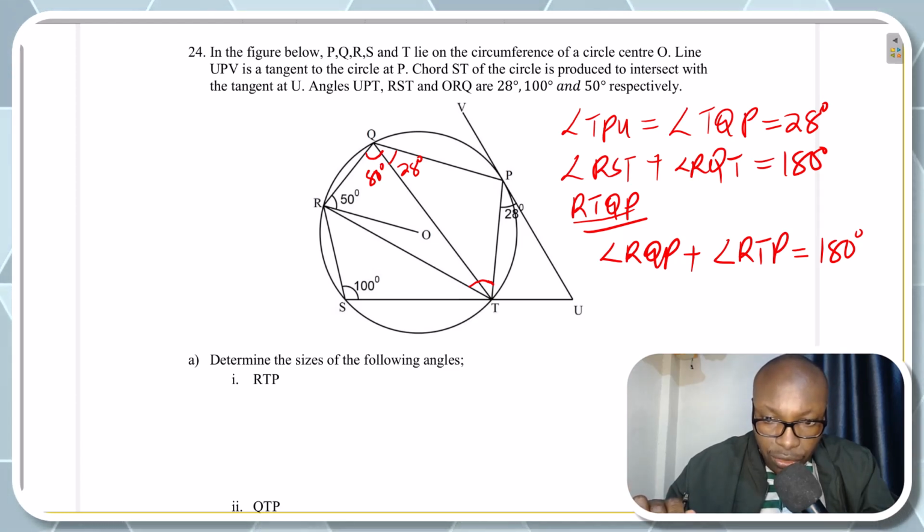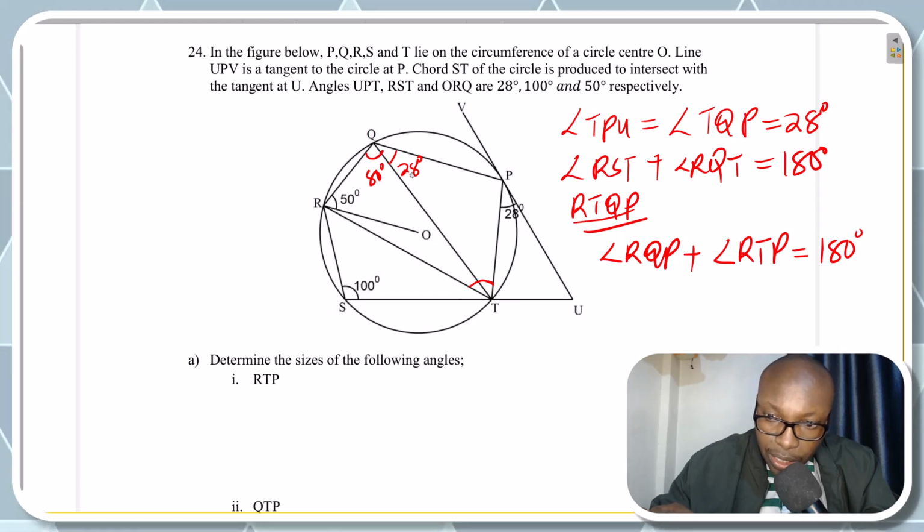The quadrilateral is RTQP. So that is the quadrilateral. And when you get the sum of the opposite angles in that cyclic quadrilateral, you should get 180. Therefore, the whole of this angle Q is 80 plus 28.